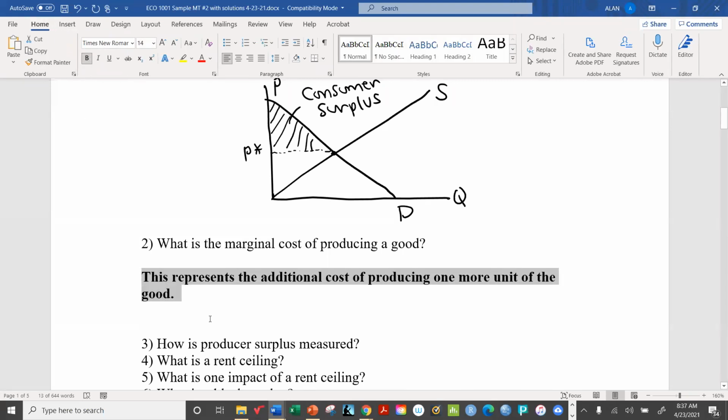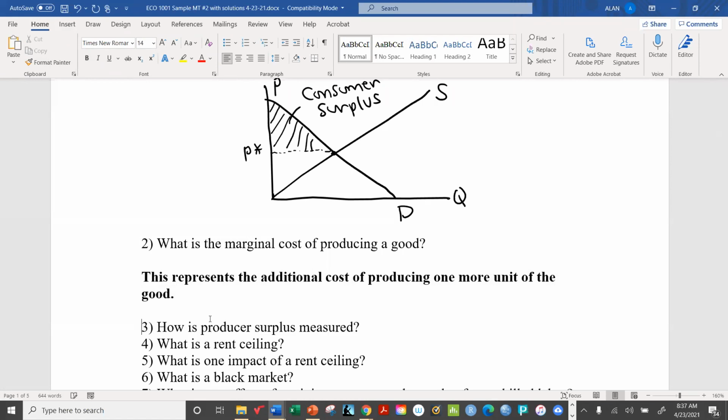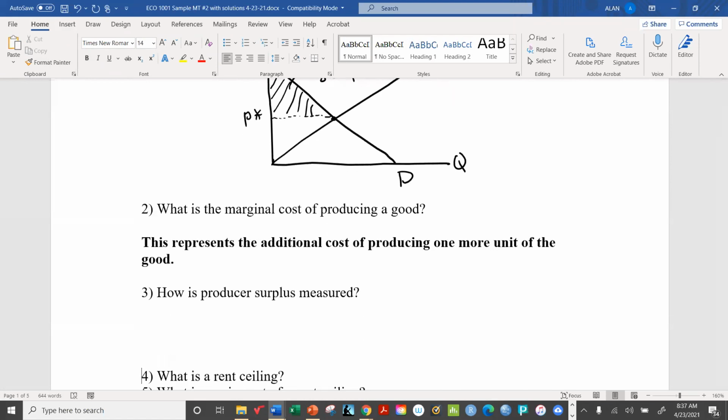In other words, if I'm currently making 100 units of my product and I need to produce one more, how much extra will that last unit cost me? Very good.